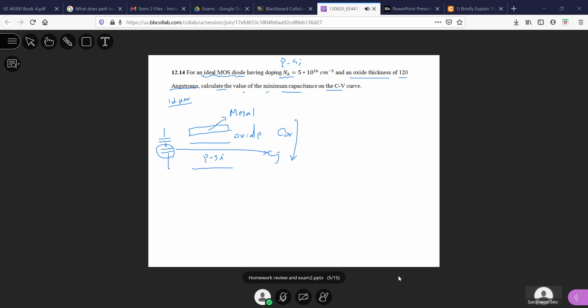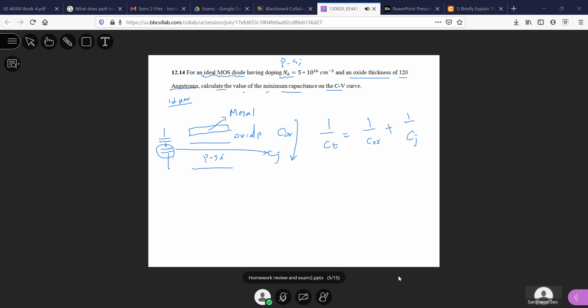So the total capacitance you calculate is 1 over COX plus 1 over this junction capacitance.